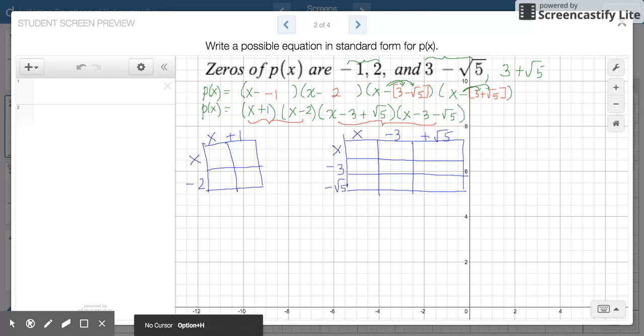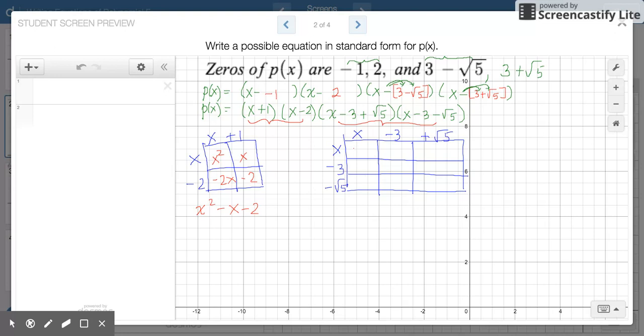So let's go back to this. x times x is x squared. x times 1 is x. Negative 2 times x is negative 2x. Negative 2 times 1 is negative 2. Therefore, the product here is x squared minus x minus 2.